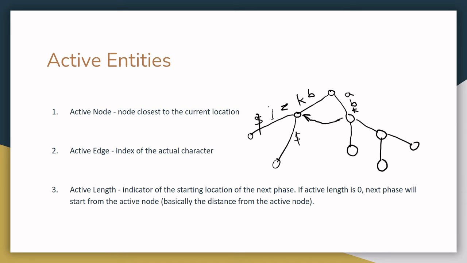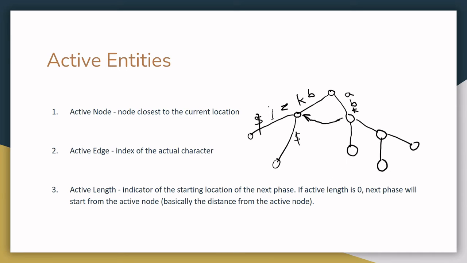Next, we'll look at the definition of active entities. So the active node is the node closest to the current location on a particular branch of the suffix tree.